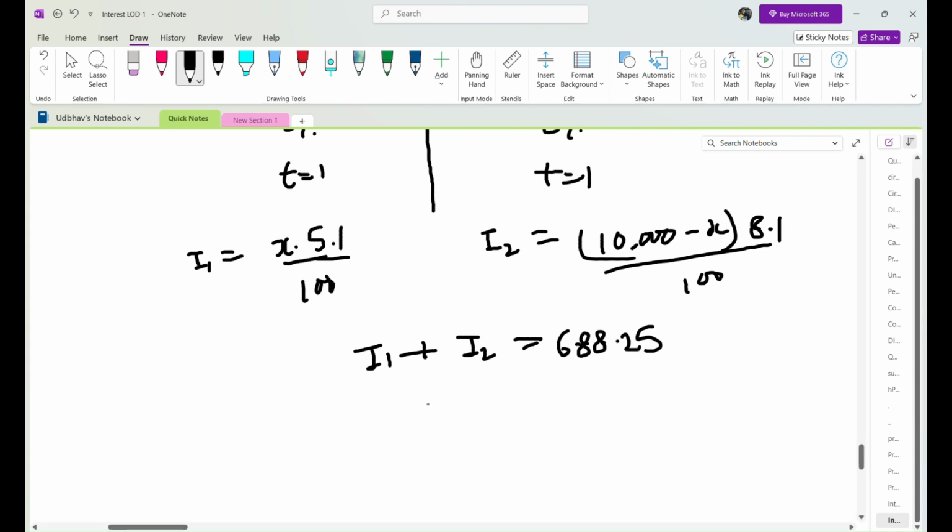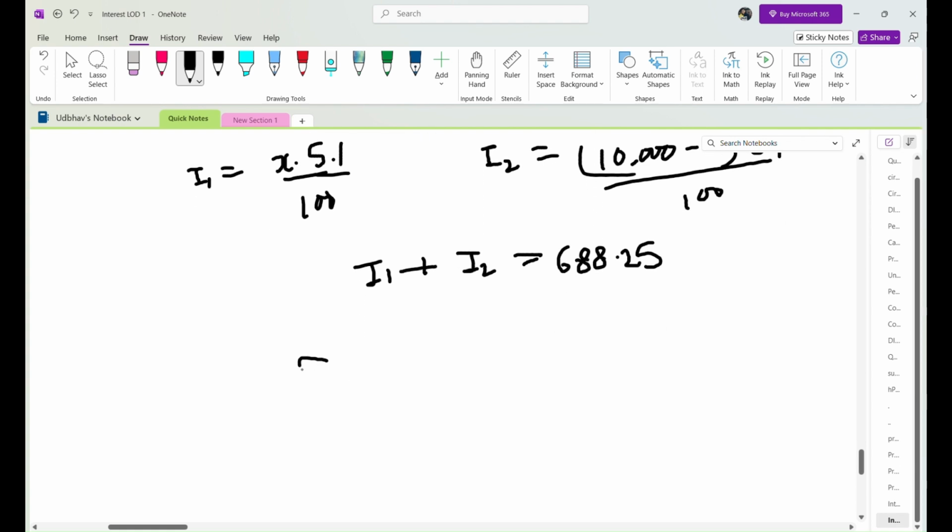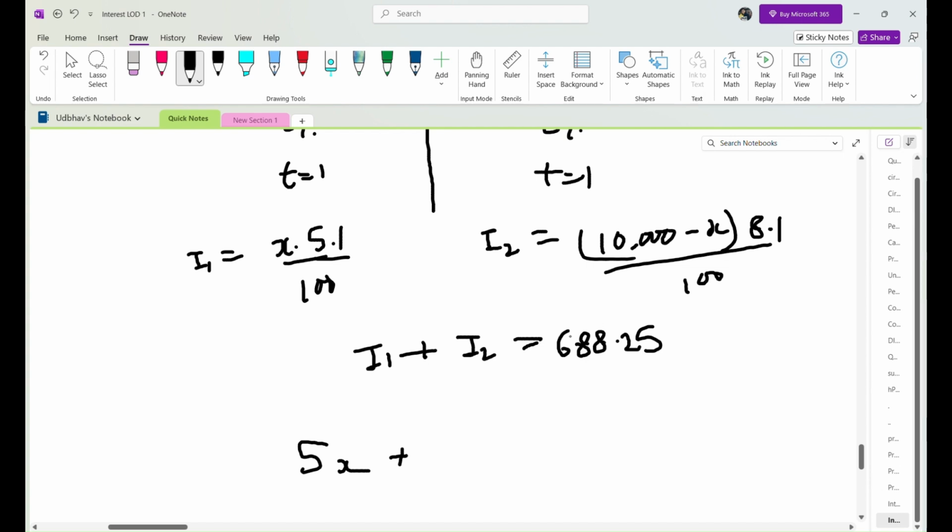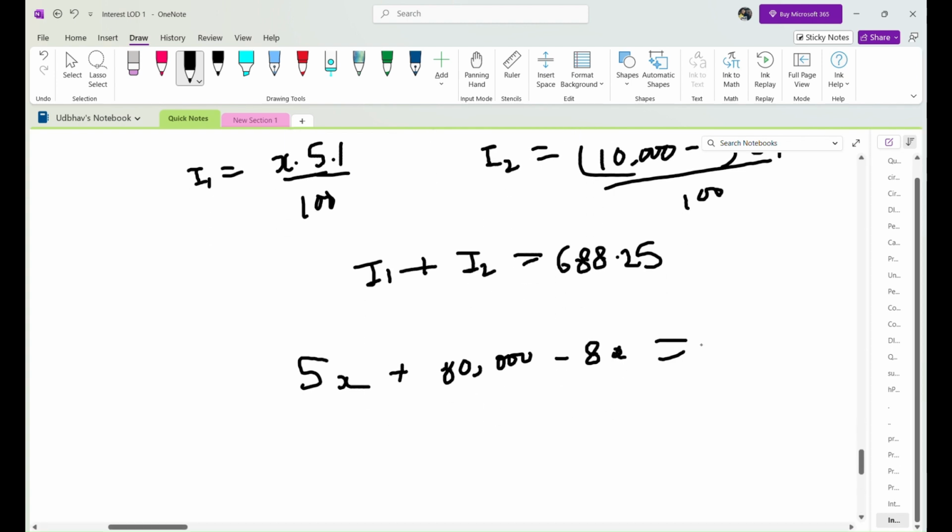So we can just add it now. We can take 100 as the LCM, so this will be 5x plus 80,000 minus 8x equals 68825.